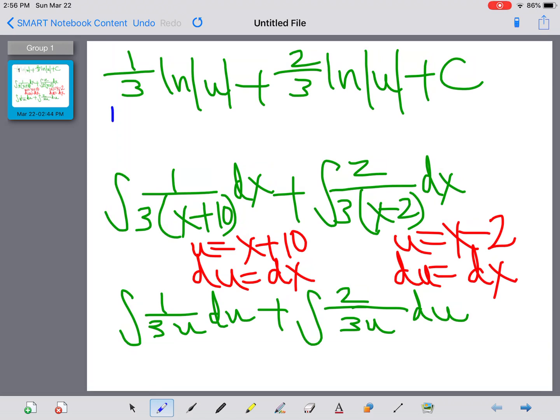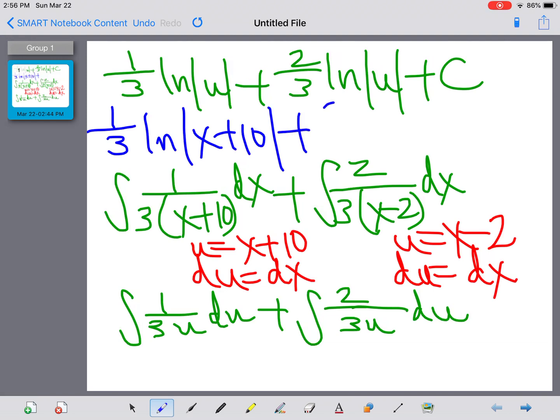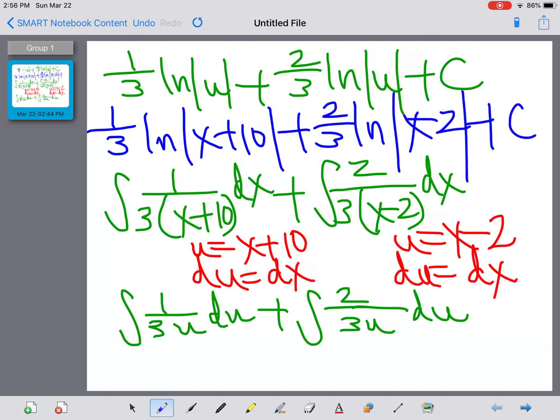So our final answer is 1/3 natural log absolute value of x plus 10 plus 2/3 natural log absolute value of x minus 2 plus C.